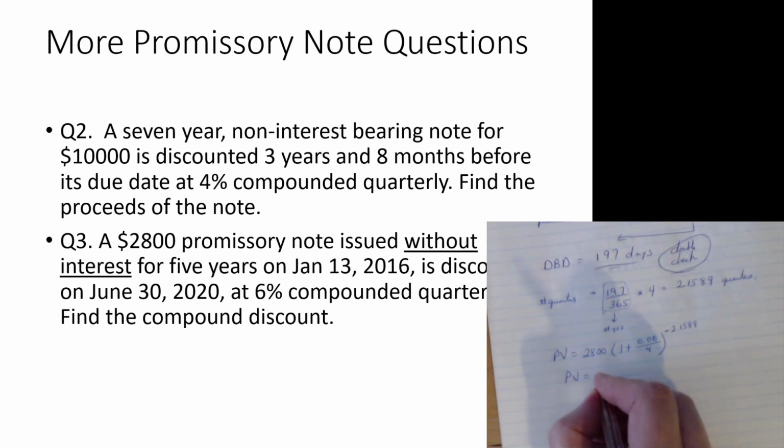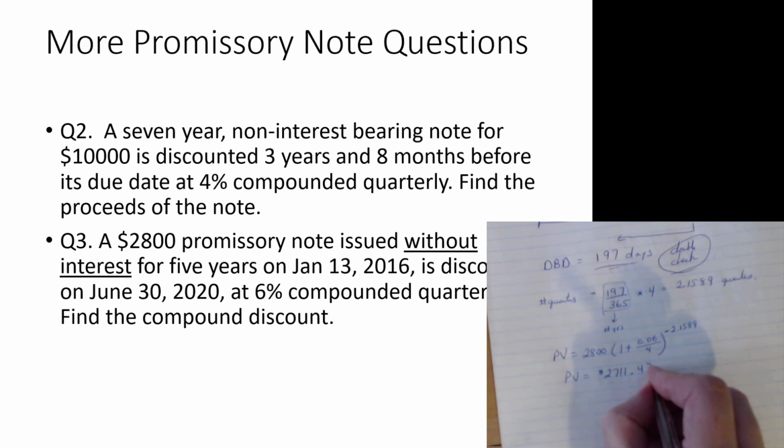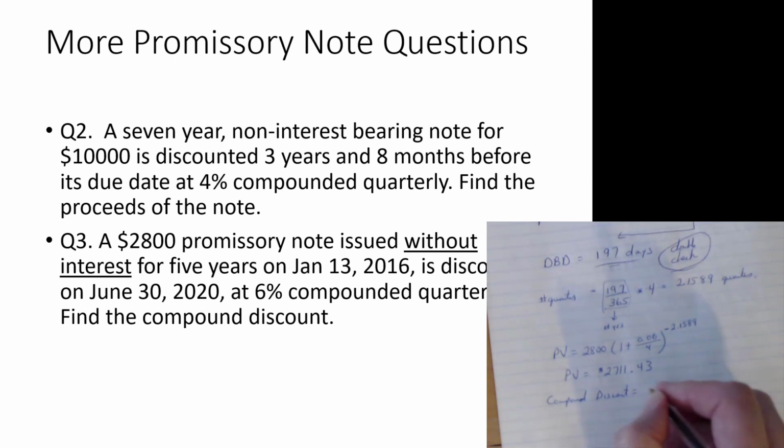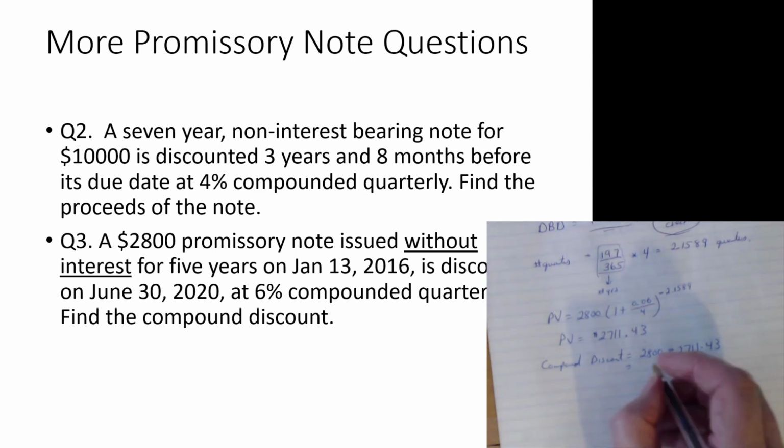We get a present value at the end of all this of $2,711.43. We want the compound discount. So we look at our future value, which we know to be the $2,800, subtract from it the proceeds or the present value, and through that whole process, we get $88.57.